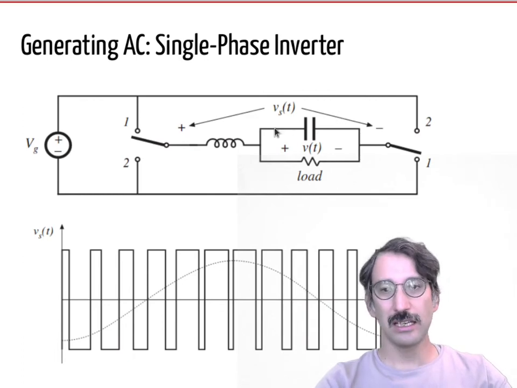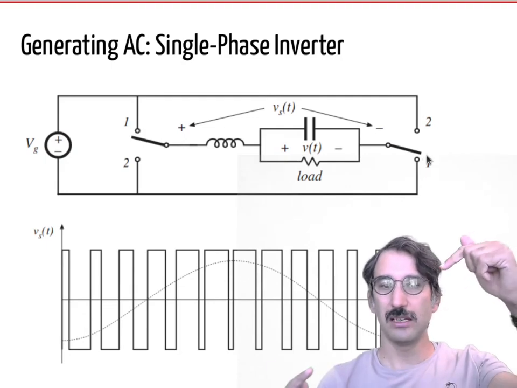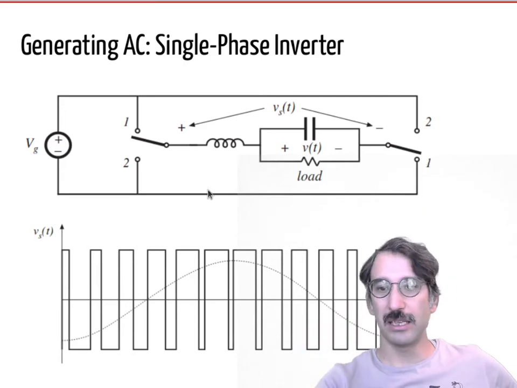So again, let's have a look at that example. Here we have the ideal switches, and I have the load here, and a DC voltage in this case, and I want to give AC voltage to that load. If my switches on that side and that side are at position 1, I am applying a positive voltage.